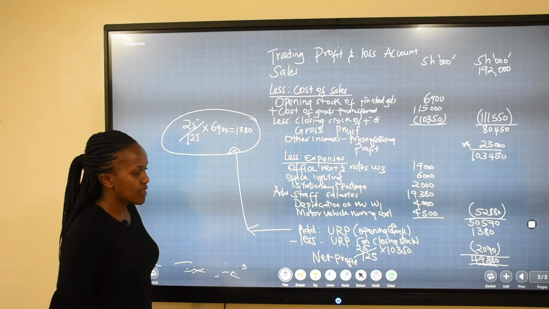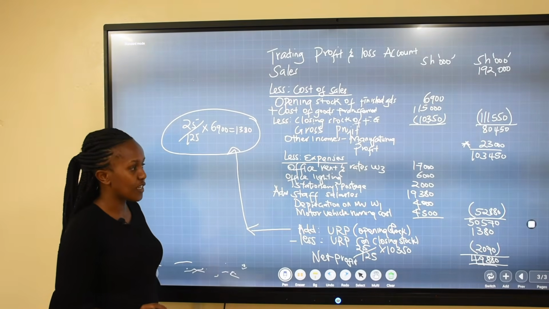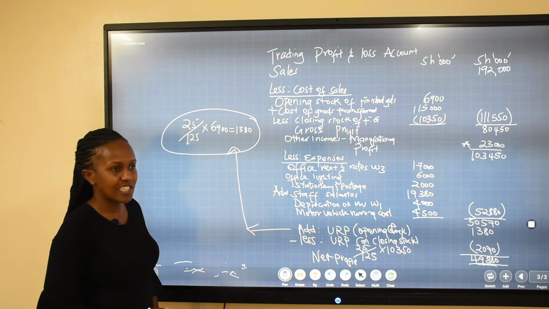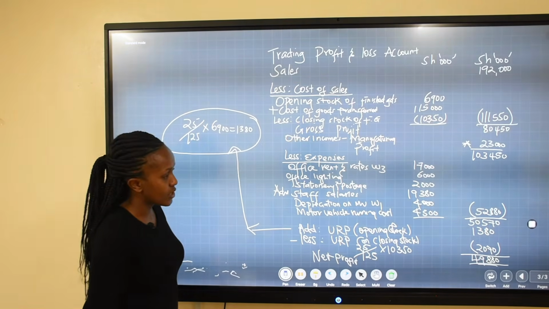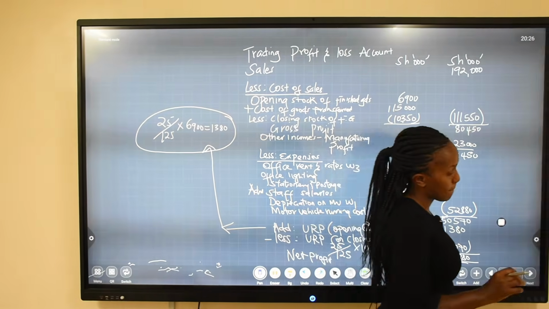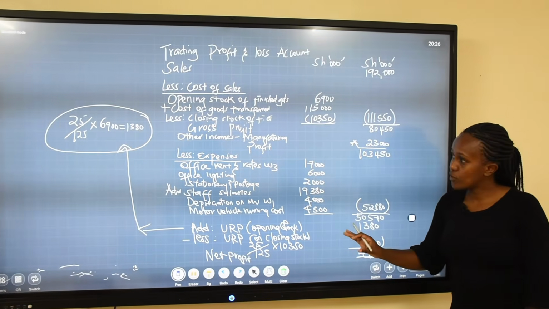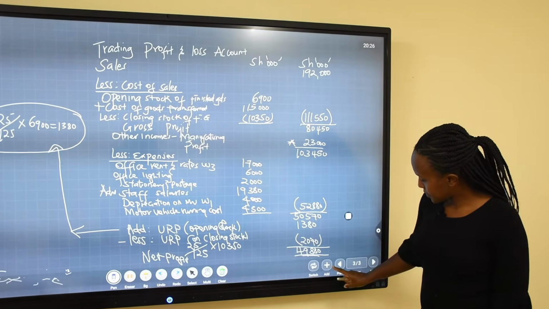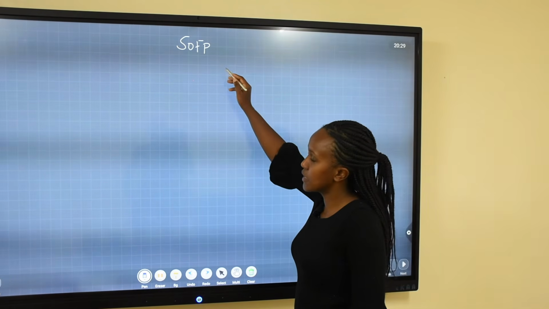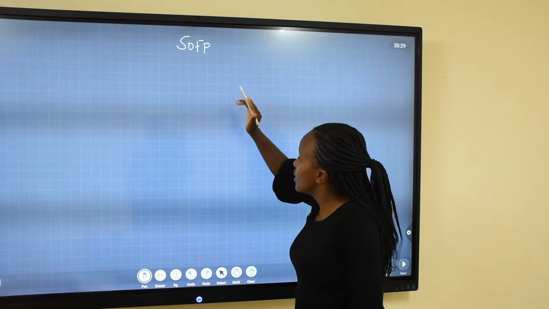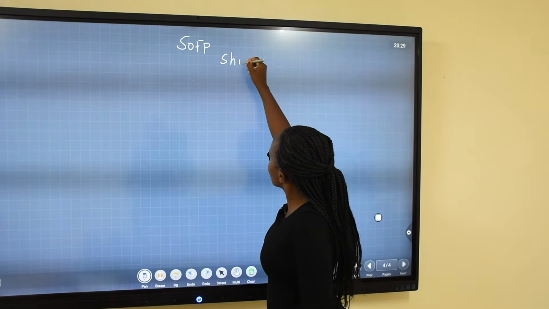And this leaves us with one thing, the statement of financial position or the balance sheet. So quickly now we can prepare the statement of financial position. So again, I am going to move on to a new tab. In our new tab, we are going to have here the statement of financial position, which has 3 columns.